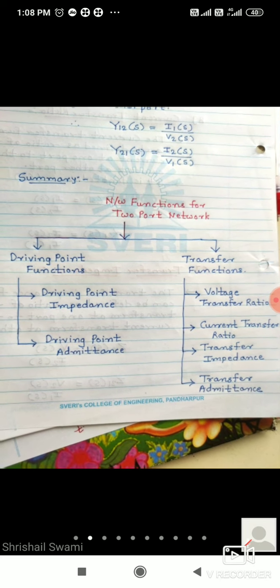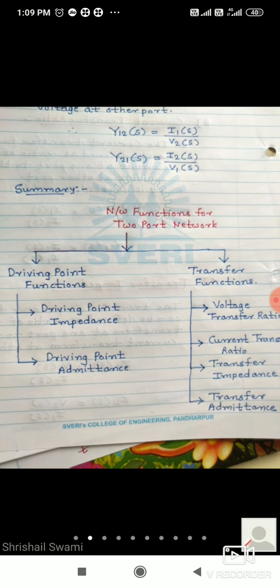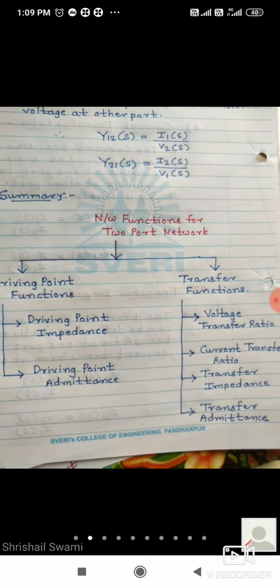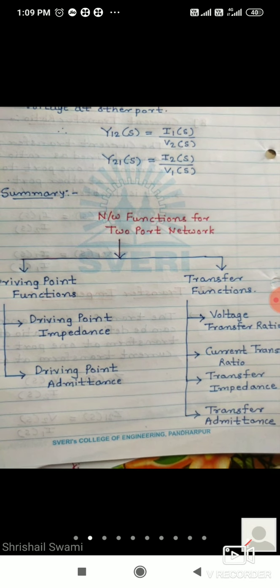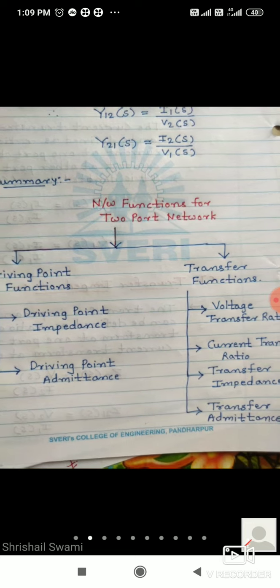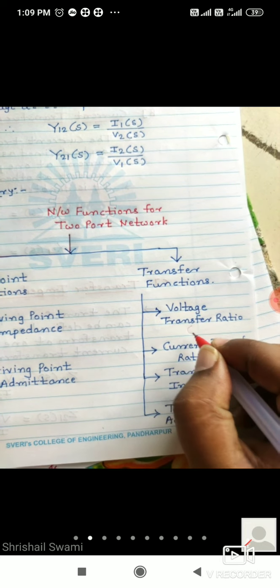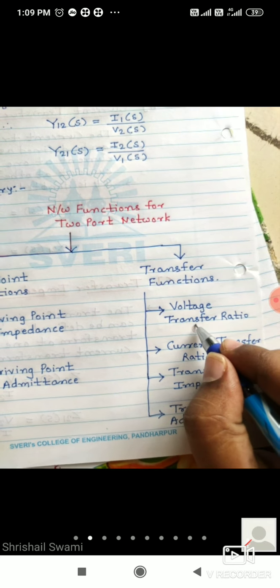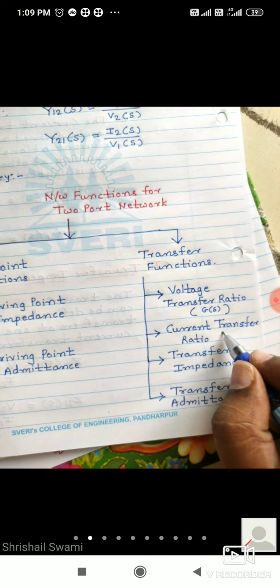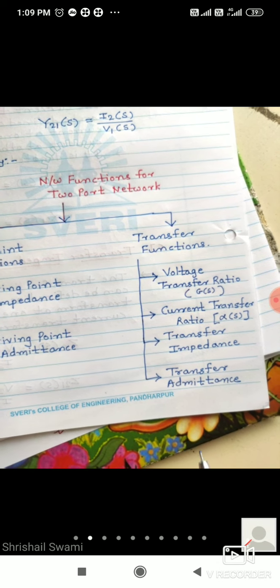So if you are remembering this classification, you can easily write the definitions and equations for all these network functions. Okay, even if you make this chart, you will understand. Or simply we can add some points here. So voltage transfer ratio is denoted as G of S. The current transfer ratio is denoted as alpha of S so that you can remember the notations.